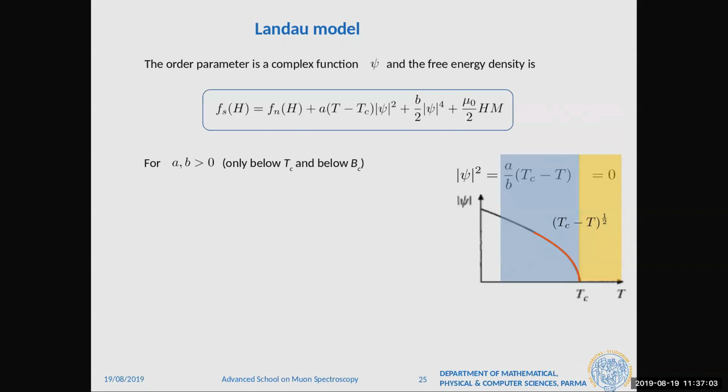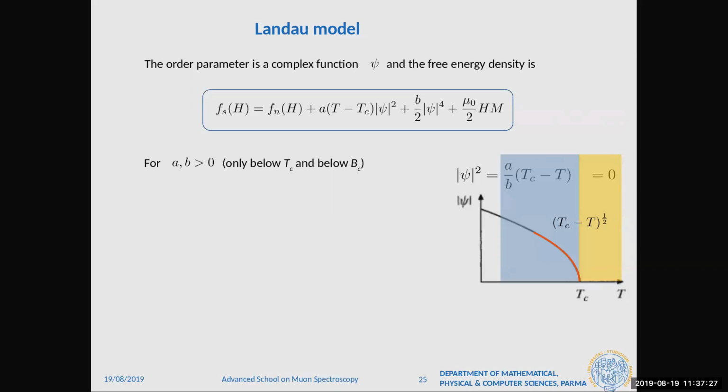You just want to have a thermodynamic theory to describe a phase transition. And here we have a phase transition because above TC there's no superconductivity and below there is. So this is the kind of way you do. You take an order parameter, which here is called square modulo of psi, and it comes like in the magnetic case, in the second power and in the fourth power.